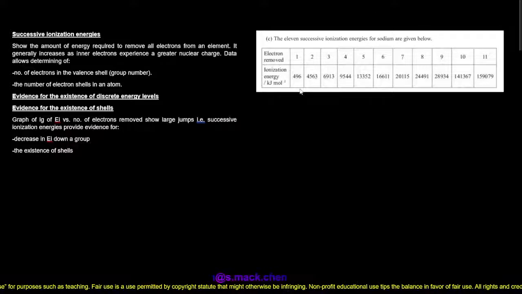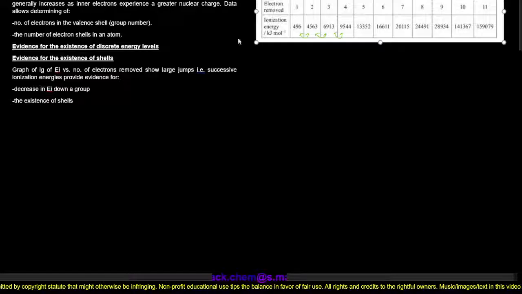That means I'm going to look at the jump from first to second, second to third, third to fourth, etc. So I'm going to go ahead and write what would be the values for these jumps in ionization energies.